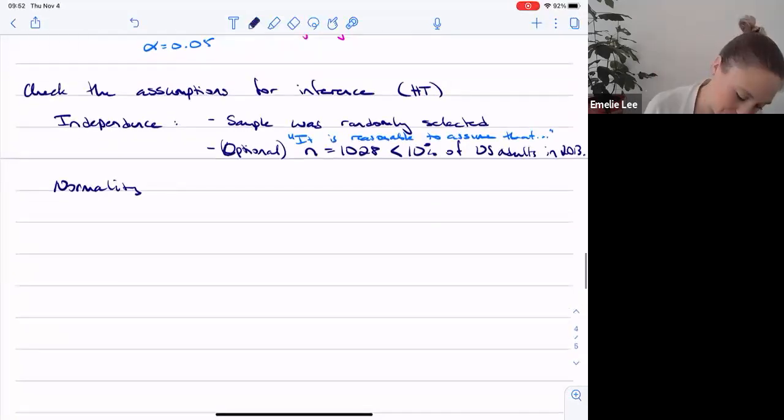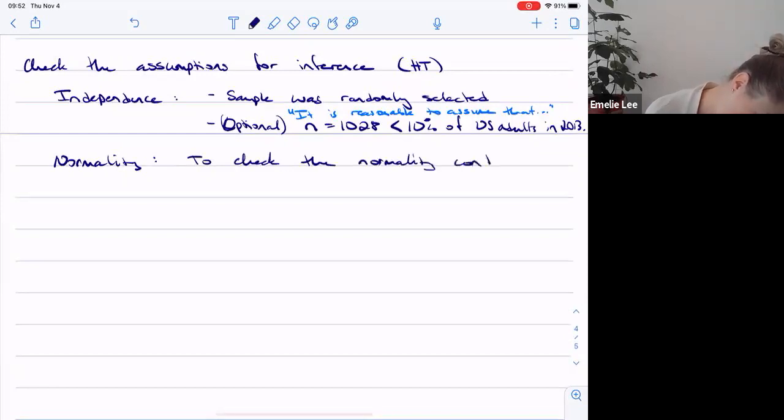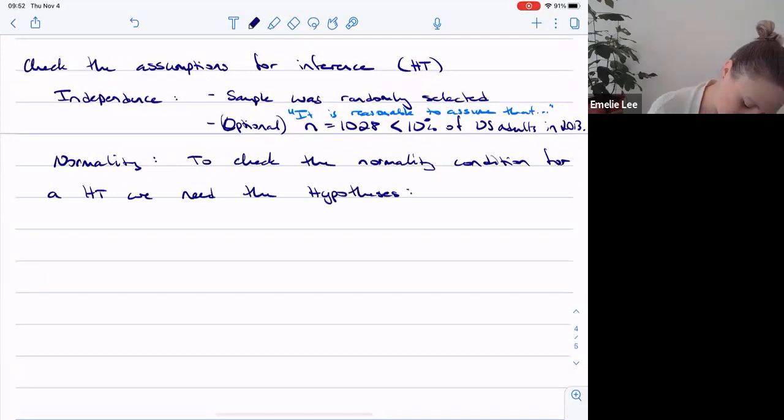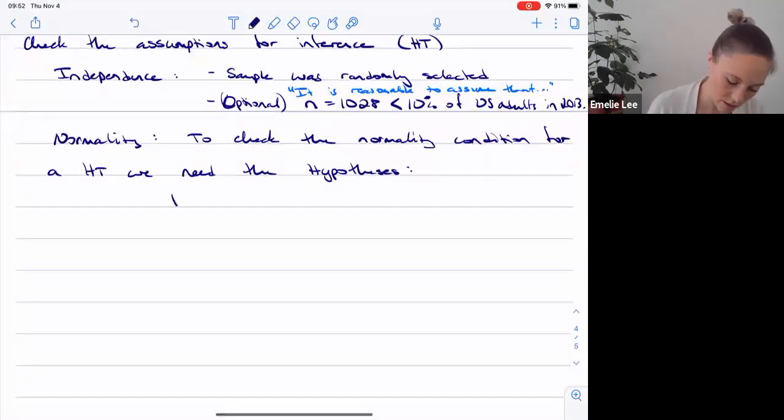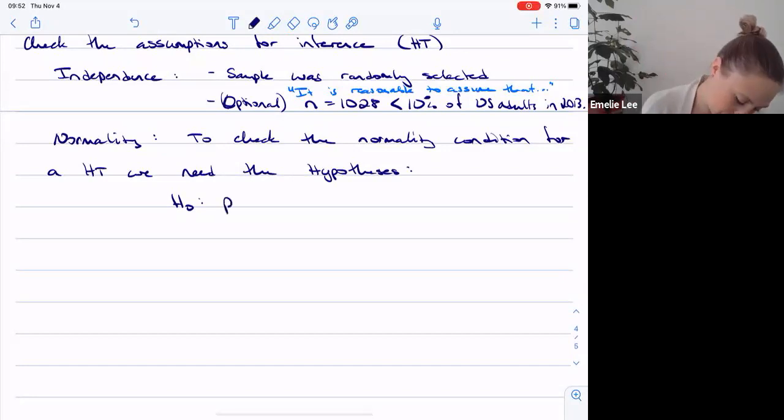And so to check the normality condition for a hypothesis test, we need the hypotheses. So we can set that up. That's step one of our hypothesis testing, but we can do it and then redo it, sure.